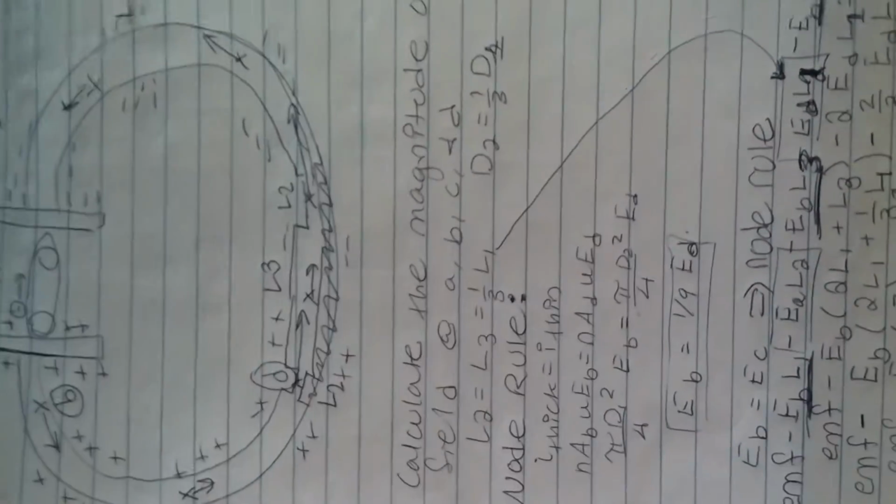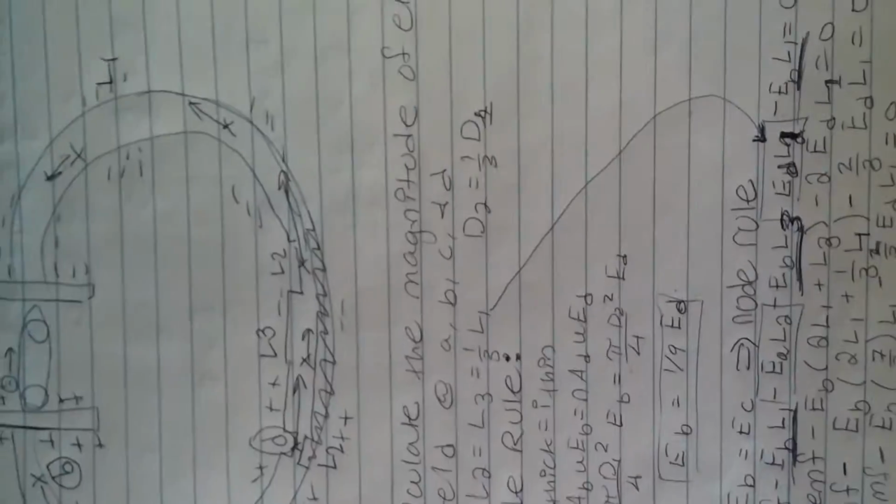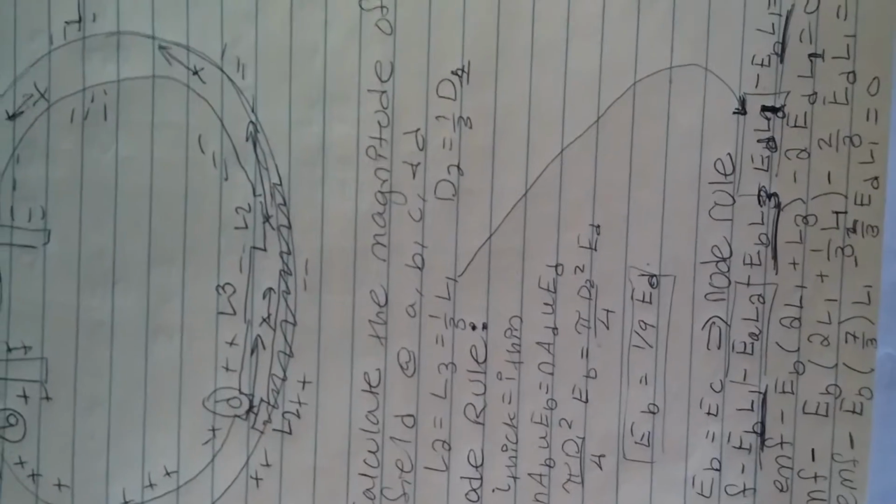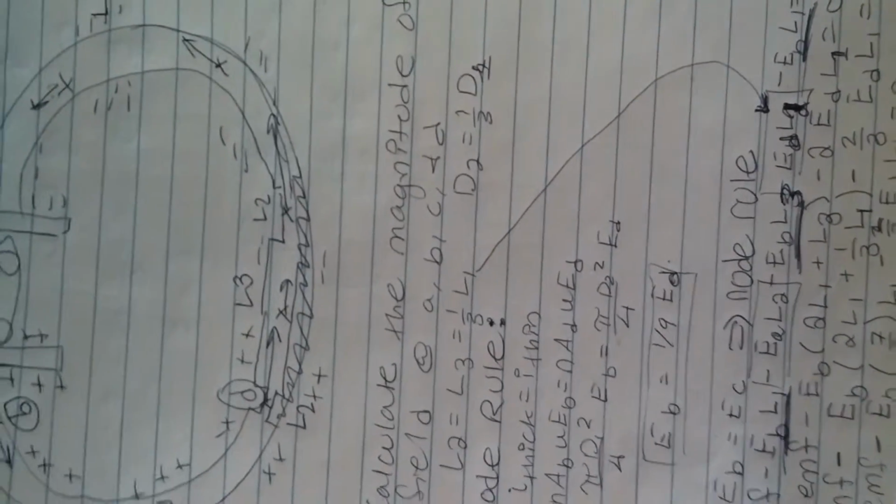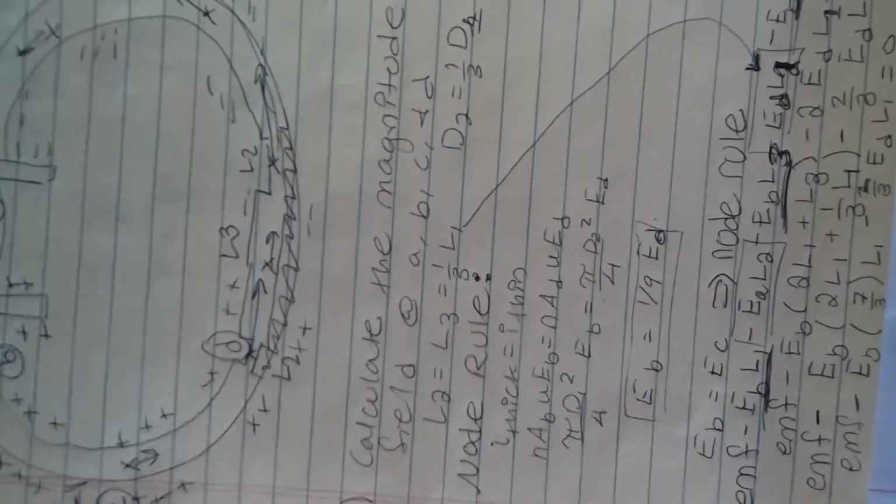So every time the electric field changes, or L changes, you have to add a new part to your loop rule equation, because that adds another delta V. There's a different change in potential for that one.